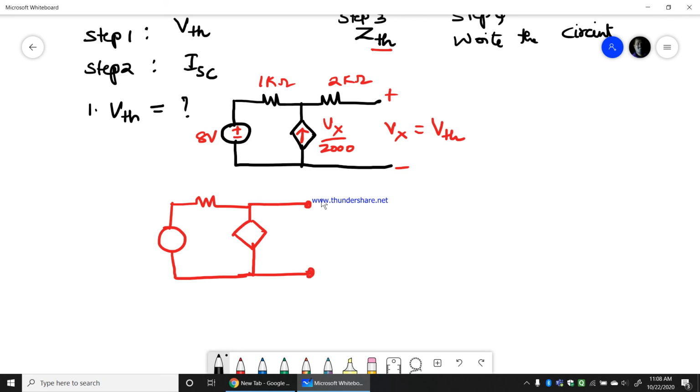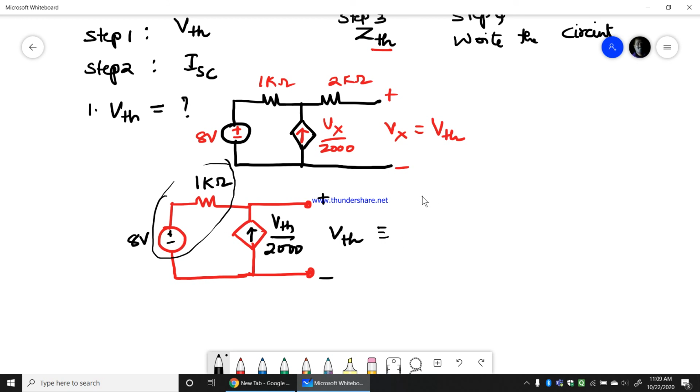So this is plus minus, I'll say VTH. Now for this current source, instead of Vx I will write VTH by 2000. This is 1 kilo ohms. Now I'll convert this series combination of voltage source with resistance to a current source in parallel with the resistance. So what will I get?